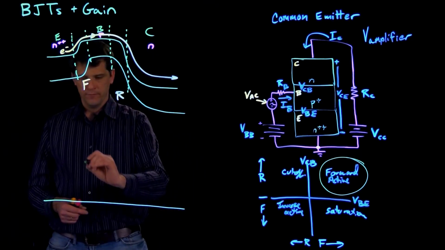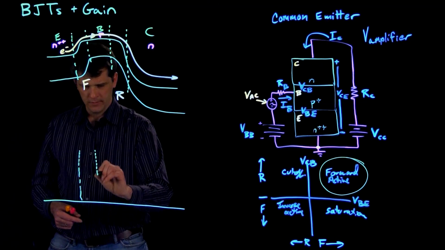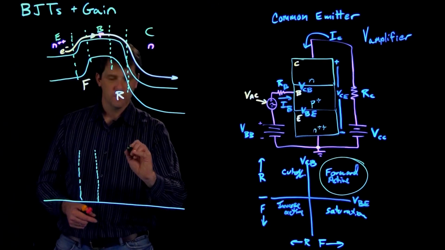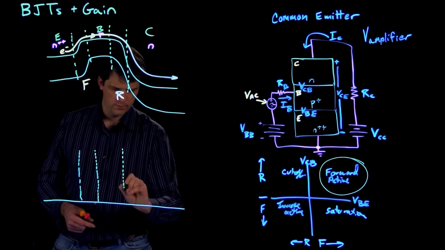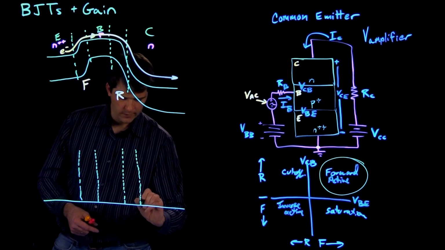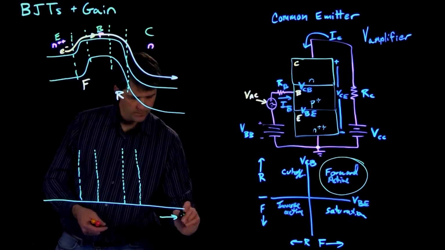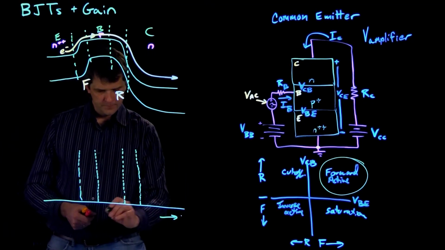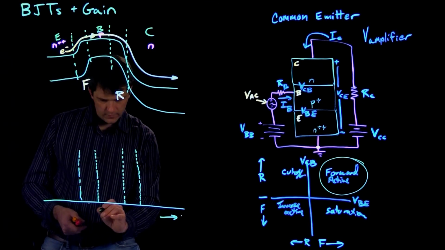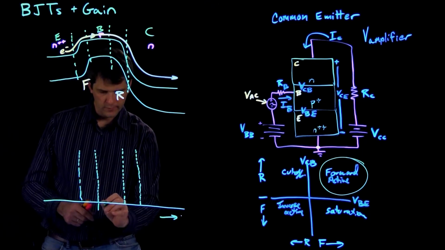So if we carry down our depletion widths here, we can draw in our minority carrier distributions in the three regions. So this is distance along this axis, and we're going to eventually define some relative axes in each of the three regions.